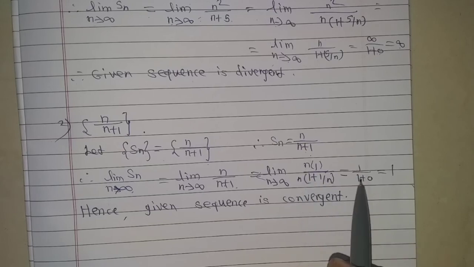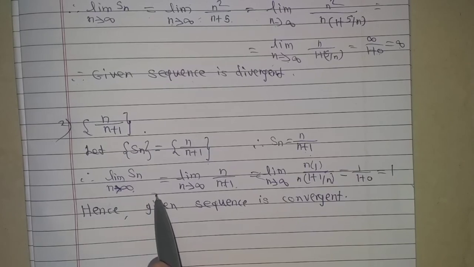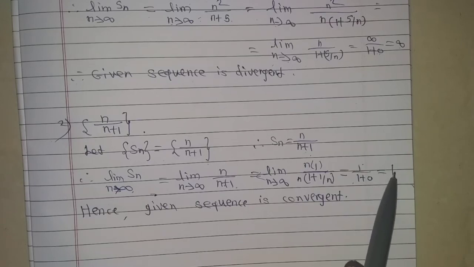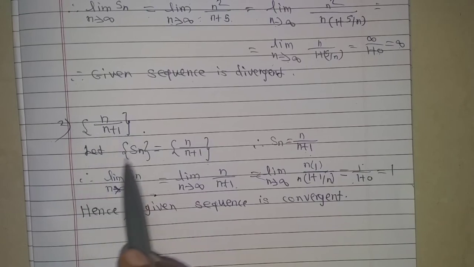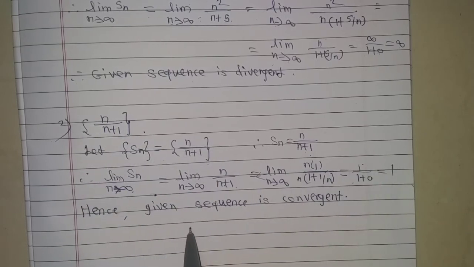Cancelling n, we get limit of Sn as n tends to infinity equal to 1 upon 1 plus 0, which is equal to 1. Thus, limit is finite, limit exists. Hence, the limit of this sequence is 1. Hence, given sequence is convergent.